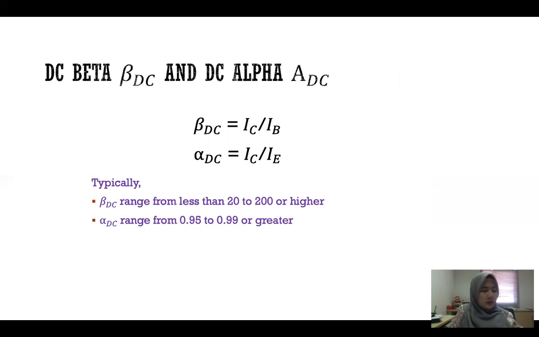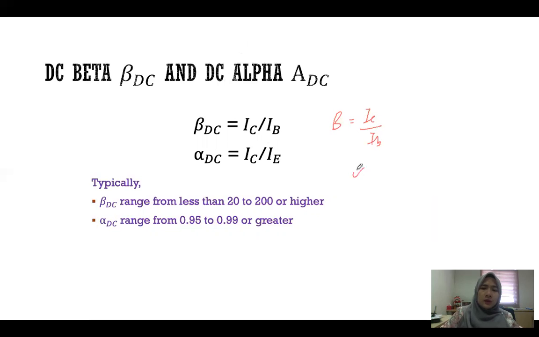Now let's look at the DC beta and also DC alpha. Basically DC beta was already introduced in the previous slide. You know that beta DC equals IC over IB.